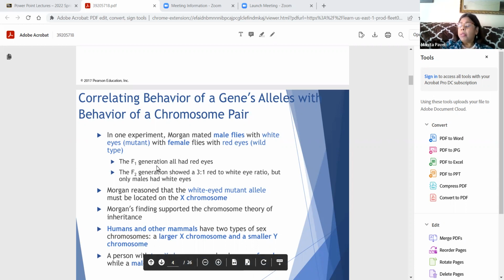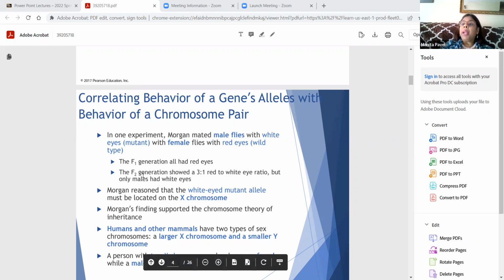In the F1, the first filial generation, all the fruit flies had red eyes. And in the second generation, they had a 3:1 red to white eye ratio. That means 3 of the fruit flies had red eyes, and only 1 had the mutant white eyes.